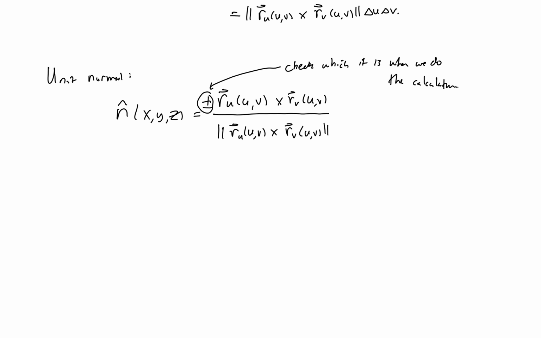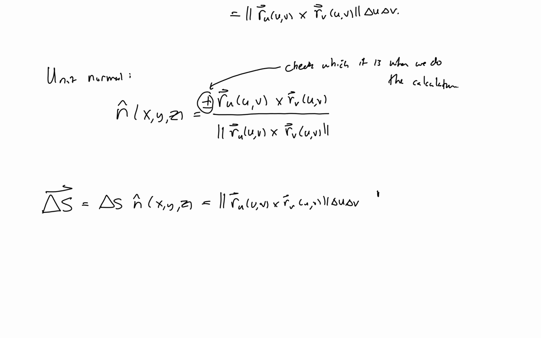But now if we combine these things, our delta S, if we think of this as the vector, this is of course delta S n hat of x, y, z. What we just calculated was that delta S was the magnitude of r sub u of (u,v) cross r sub v of (u,v) delta u delta v, and then for the unit normal, we're just going to ignore the sign here for a minute.